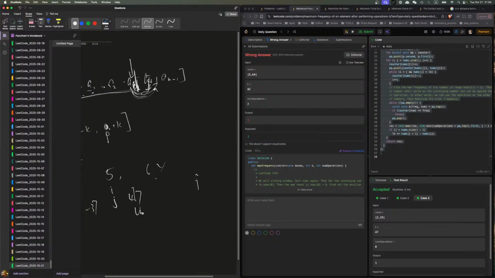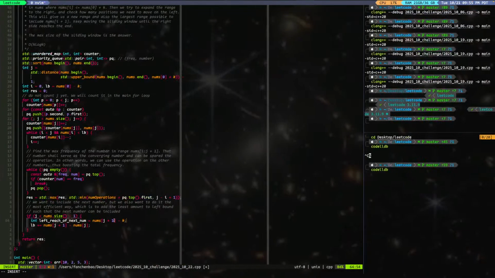And now I want to move on to the next one. When I move on to the next one, I need to add 59. So the left bound plus equals 59, and then I add the current one.